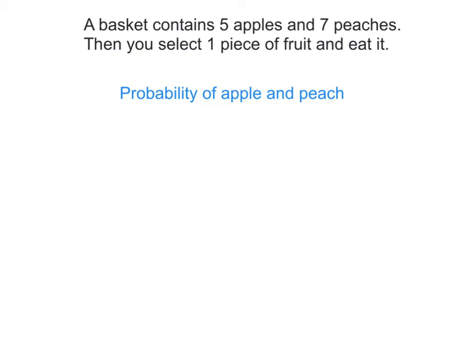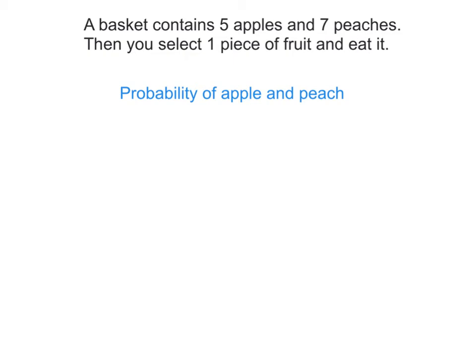I don't care if you grab an apple first and a peach second, or grab a peach first and an apple second. Because I don't care about the order of things, this problem is going to change, and we need to make sure we're ready for it. So let's talk about it.